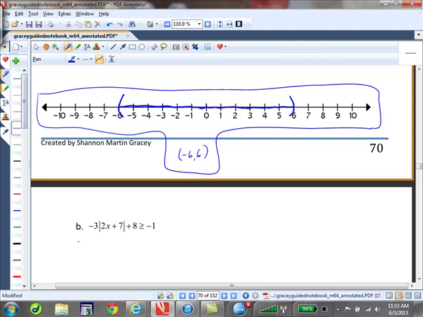So let's do part B together. What we need to do is isolate the absolute value. If we subtract 8 from both sides, we have -3 times absolute 2x plus 7 is greater than or equal to -9.